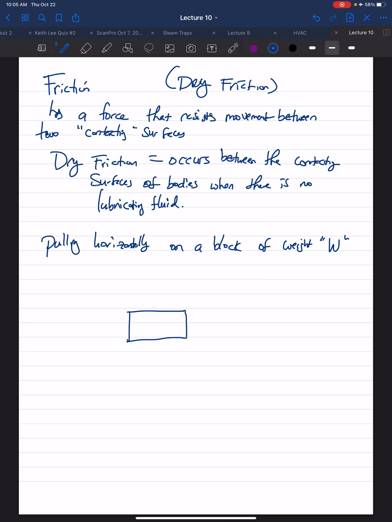So let's go over some terms. We said W is the weight. We have an applied force P that's trying to move the block, or say cause the block to slide, and is dragging it to the right.